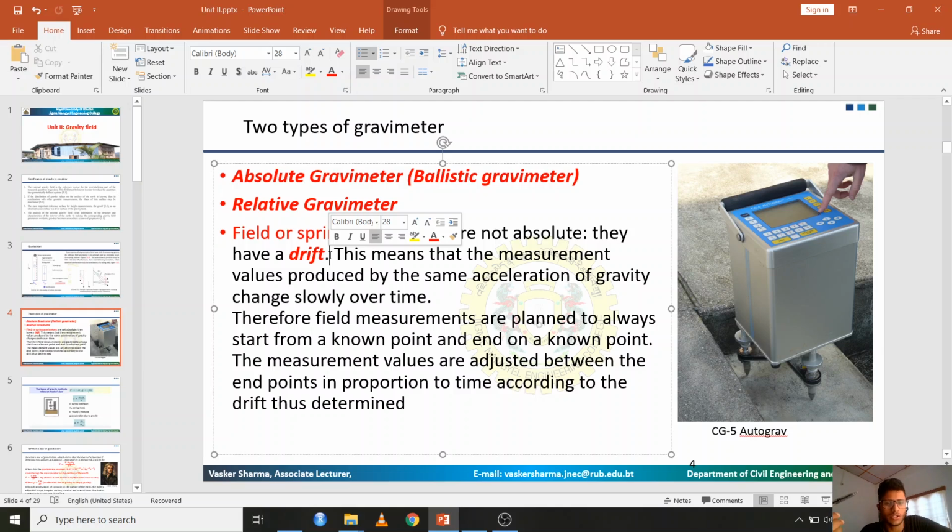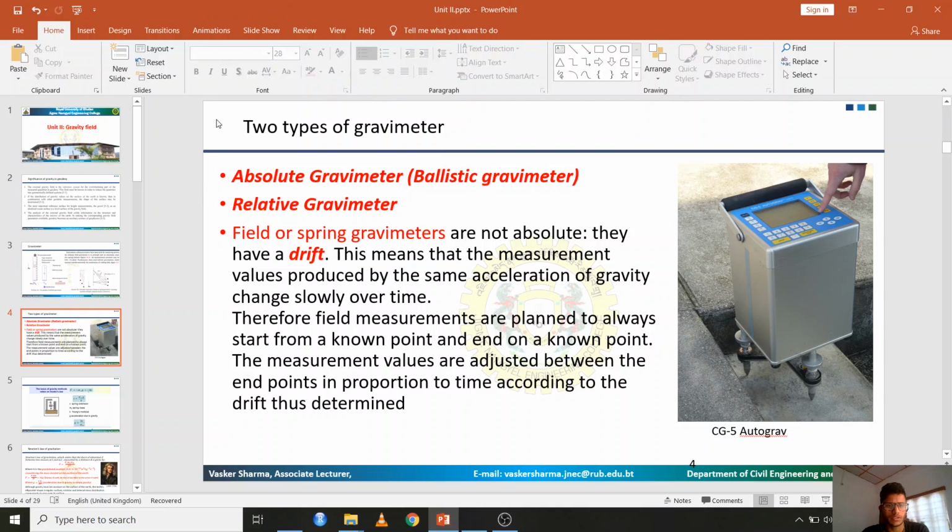So again there will be a variation in the gravity. So they will have a drift, which means the acceleration of gravity will slowly change over time. This drift we try to neglect, or subtract from whatever measurement we get. That is known as a relative gravimeter. These are the types of gravimeter.